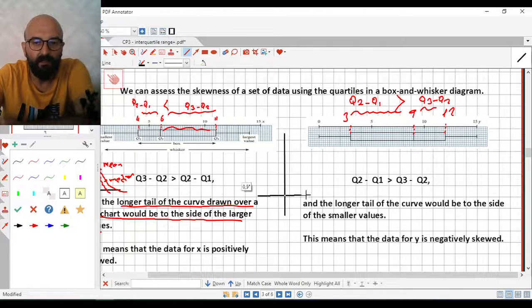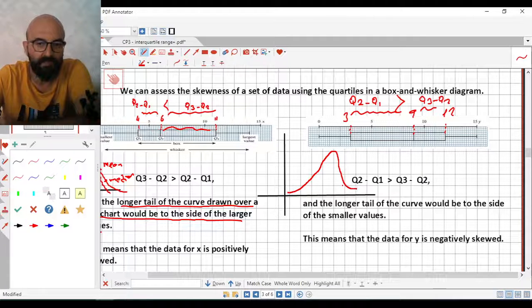If I imagine this dataset, the curve is like this. So this is the mode and median and mean. Okay, and this is negatively skewed because the longer tail of the curve is on the side of the smaller values.